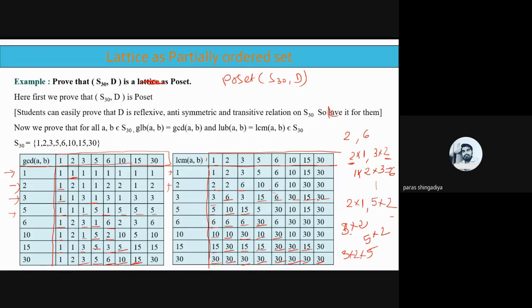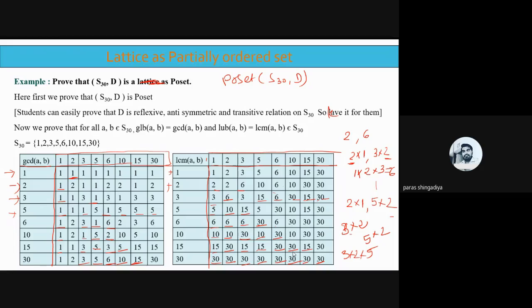Clear? So now check this answer of LCM in this table. All these values belong to S30. There are no extra values, no other values that are not a part of S30. Okay, all the values in this box are inside S30, it is a part of S30. 1, 2, 3, 5, 6, 10, 15 and 30 only. Clear?